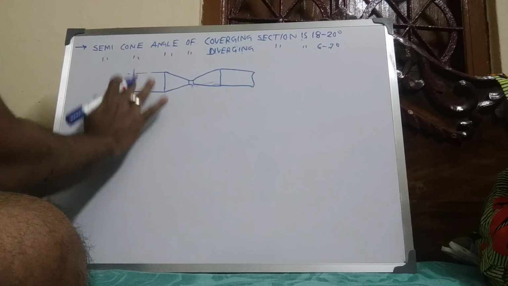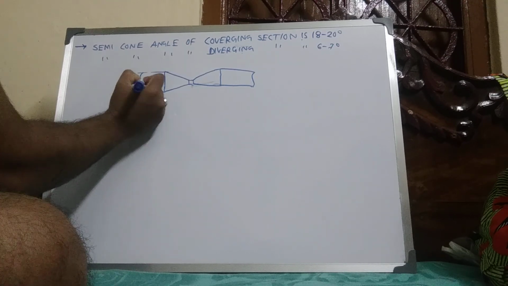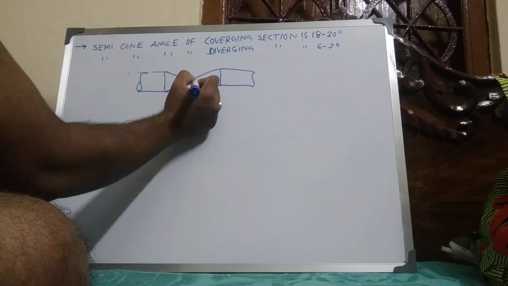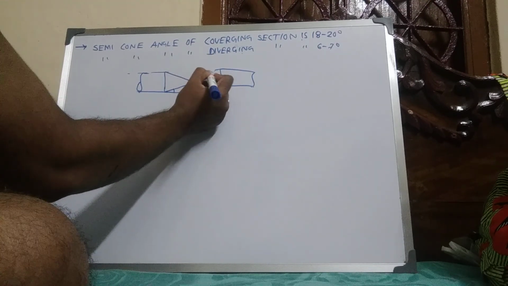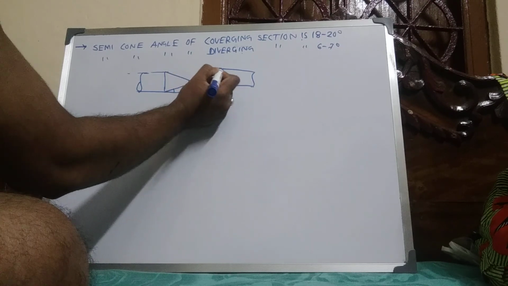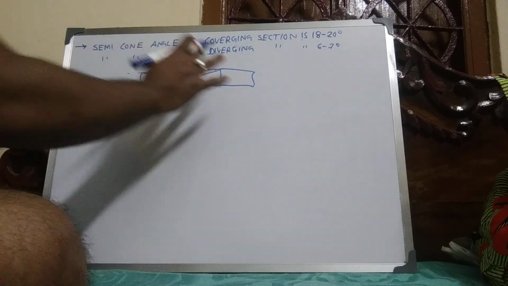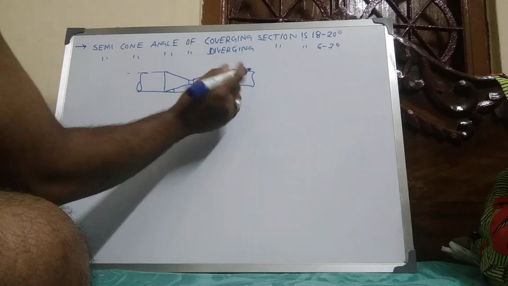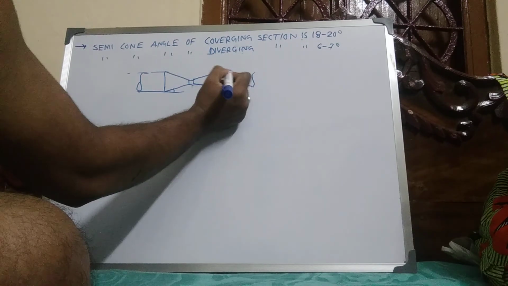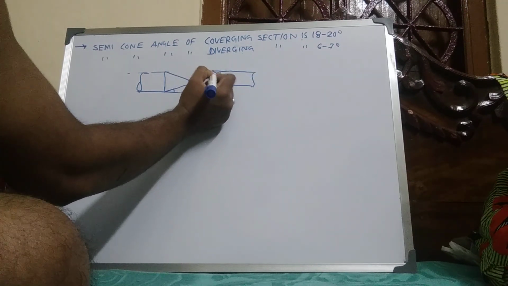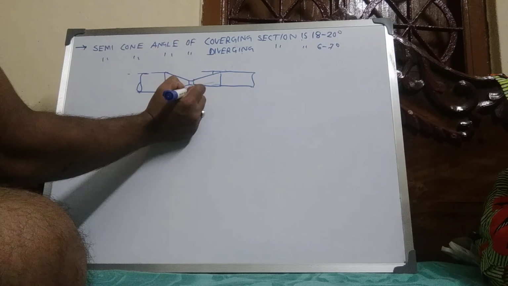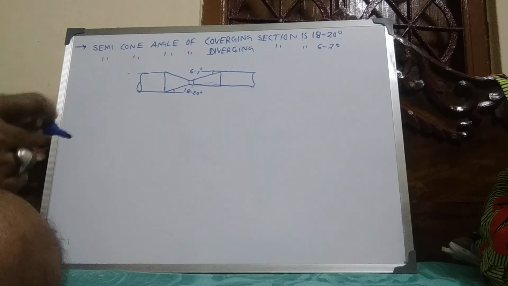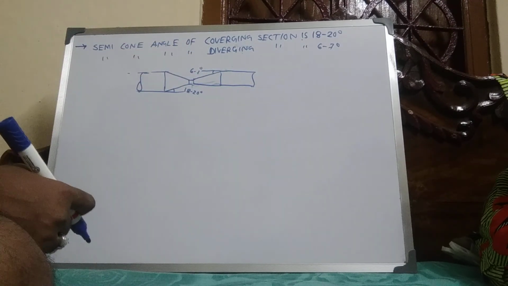This is the converging section, this is the semi cone angle, this is 18 to 20 degrees, and this is 6 to 7 degrees. This is the diverging section, this is the converging section.